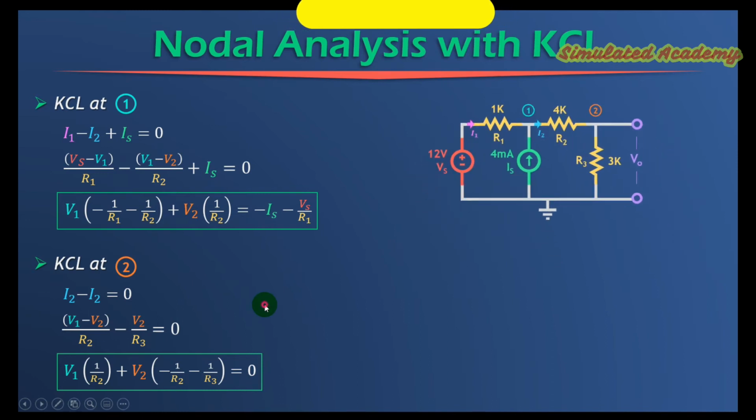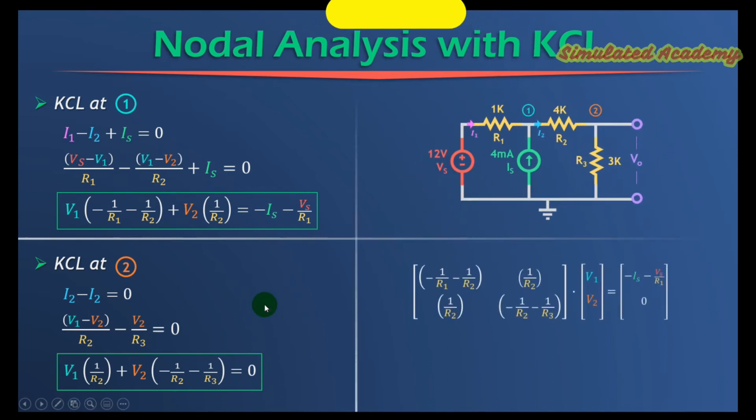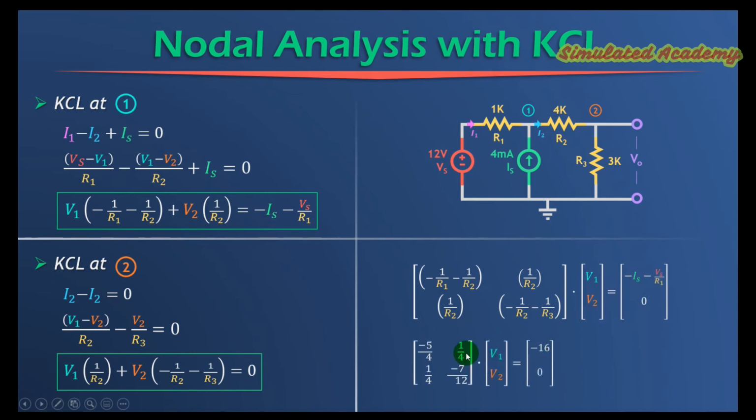Now I will write this in matrix form. This is the V1 column and this is the V2 column, and this is the right side with values. So I have all parameters with the exception of V1 and V2. Put in the values of R1, R2 and R3, and similarly the values of Is and Vs, and you will get this matrix.